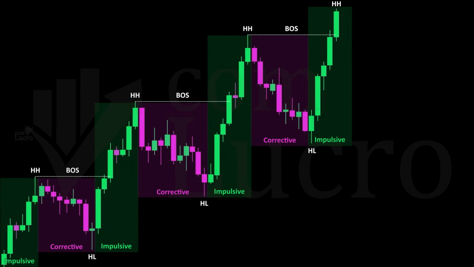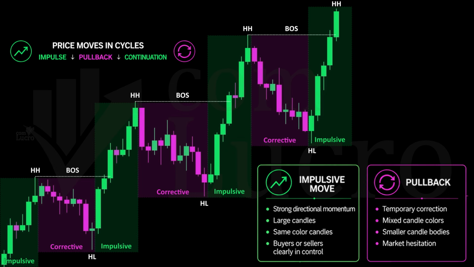Impulsive moves are the strong pushes that drive price clearly in one direction. They are usually formed by large candles of the same color, showing strong momentum. Pullbacks, on the other hand, are temporary corrections that reveal hesitation or indecision in the market. They often include mixed-colored candles, smaller candle bodies, and visible wicks. But not all pullbacks are the same.